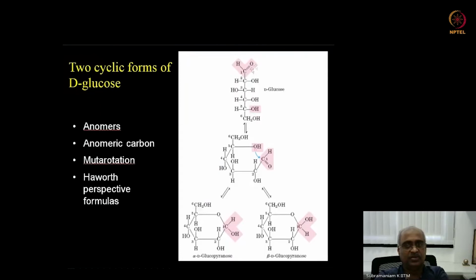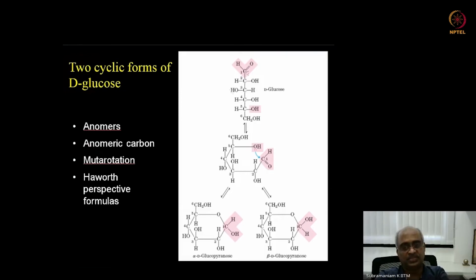So here you have, for glucose, this aldehyde group. Most often it is with this fifth carbon's hydroxyl group, and this aldehyde-alcohol condensation leads to a ring structure, and this ring structure we usually display in this hexagonal form, which is called the Haworth perspective formula.